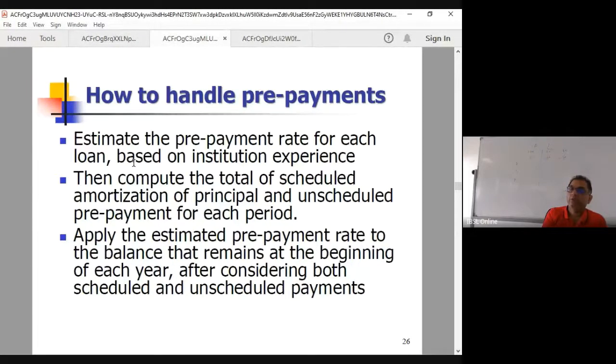Then you have to make an assumption outside of your usual amortization, your usual repayments, about what the estimate of that prepayment will be and where it would sit.